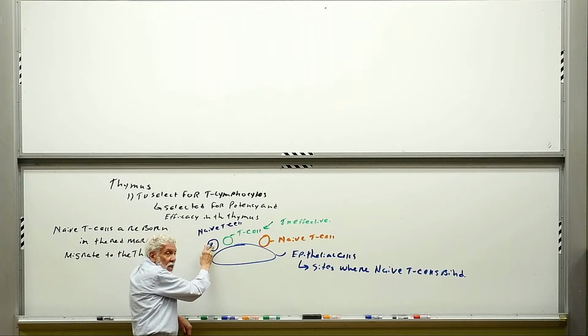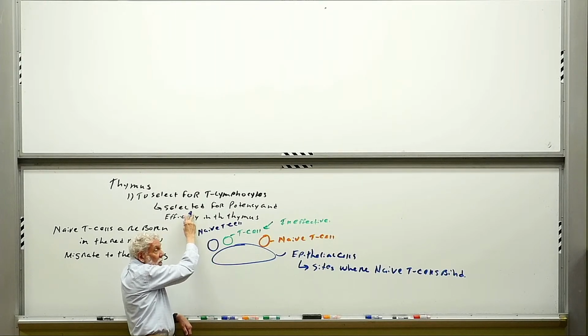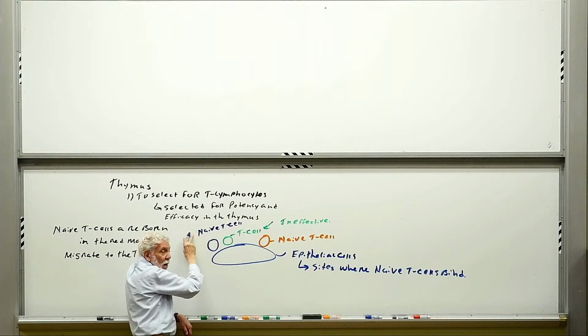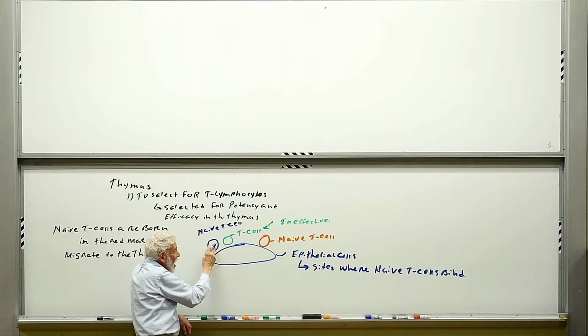And this naive T cell says, yes, I have those kinds of proteins. And so it's effective. But now the question is about its potency. And the epithelial cell asks the naive T cell, okay, you recognize proteins, but what kind of proteins can you recognize? And if this naive T cell says, I only have transmembrane proteins that recognize proteins that are not part of us, non-self proteins.